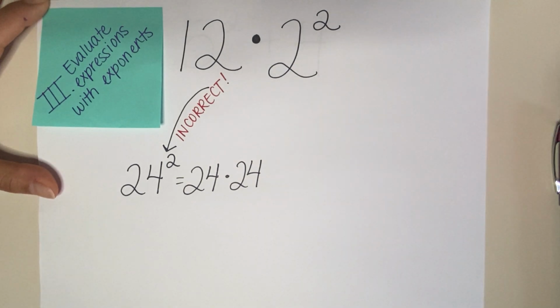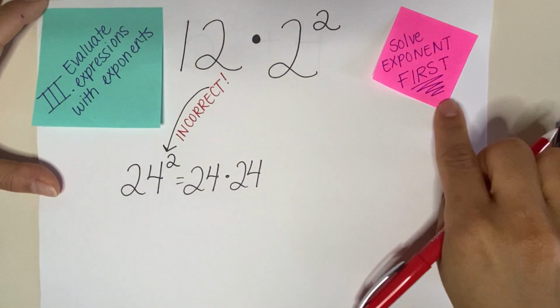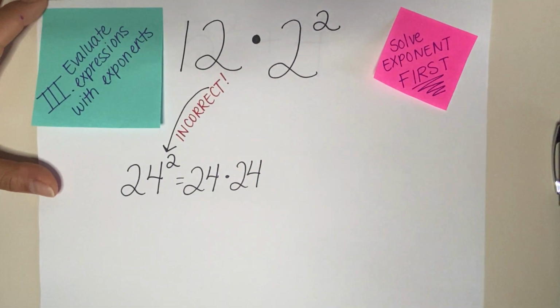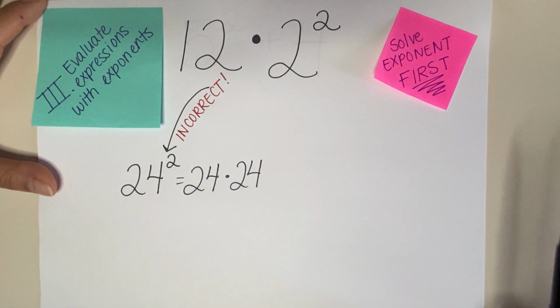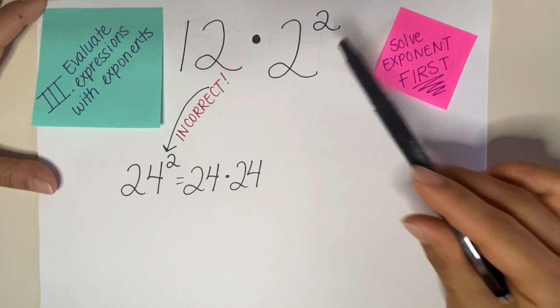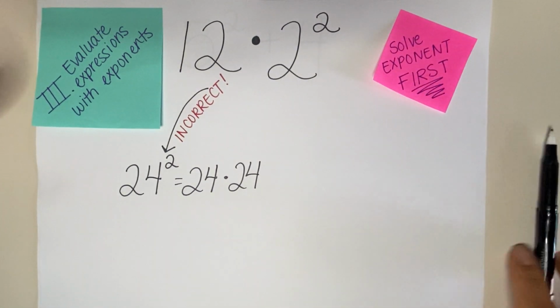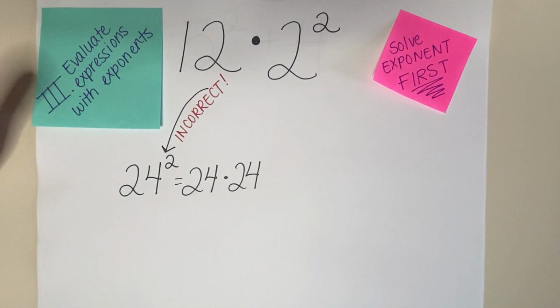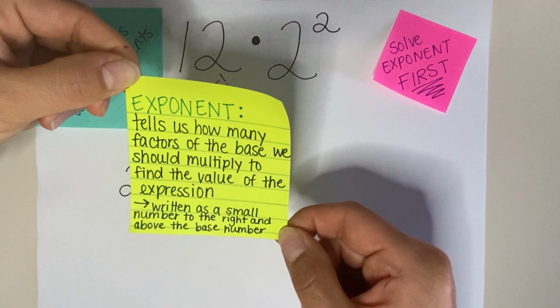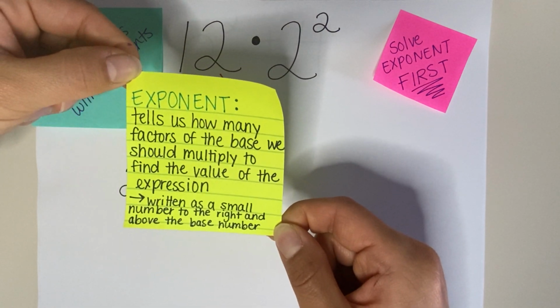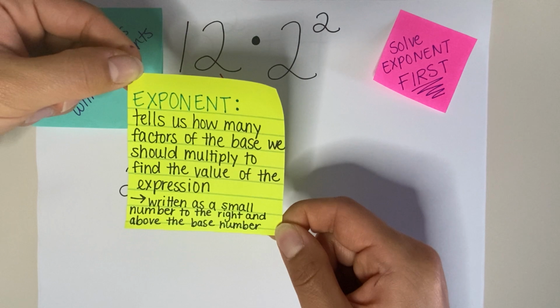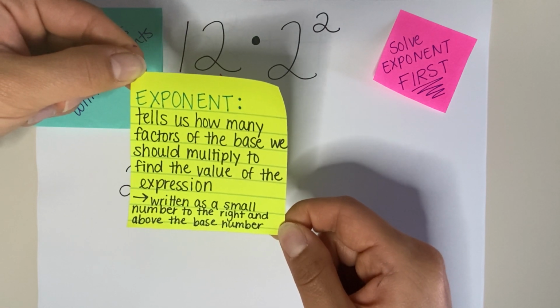Well, let's use this keynote of you need to solve the exponent first. So here, we're looking to see, do we have an exponent? We do, right here. We have the base of 2 raised to the second. And again, the exponent tells us how many factors of the base we should multiply to find the value of the expression.